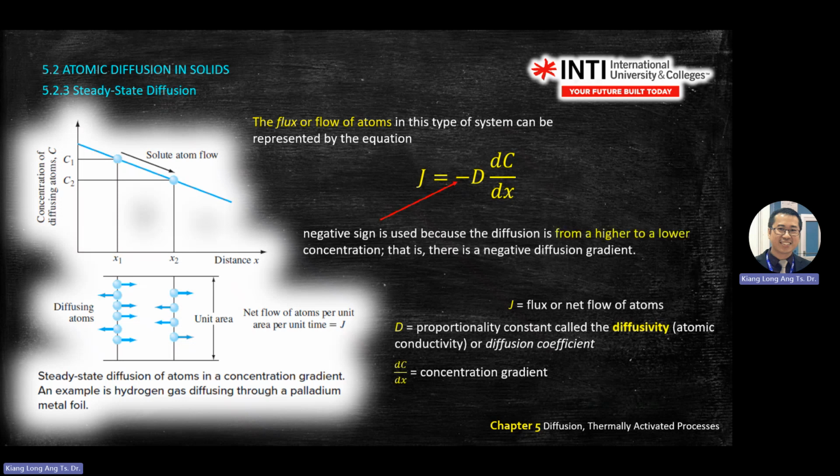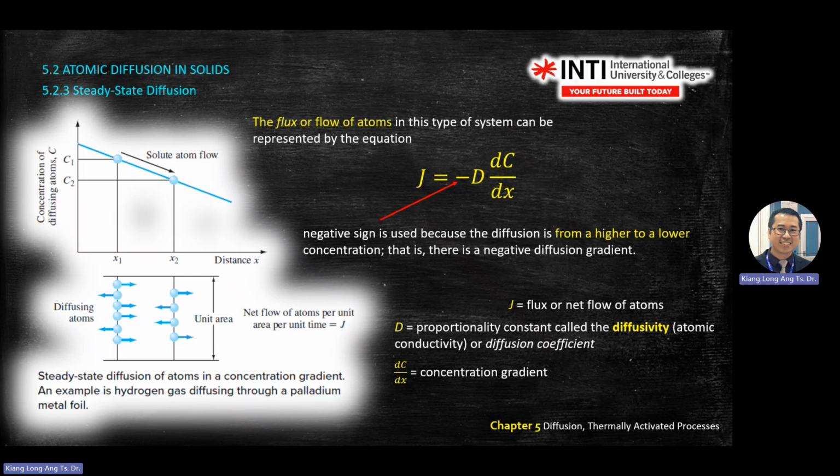Okay. So J is the flux or flow of atoms. D is a constant called the diffusibility constant, which will be given in the question. For dC dx, it depends on the line, or you are given two concentrations.